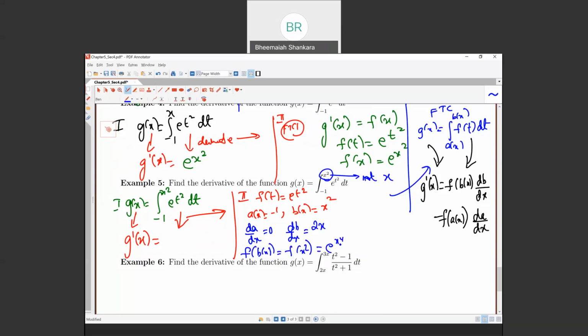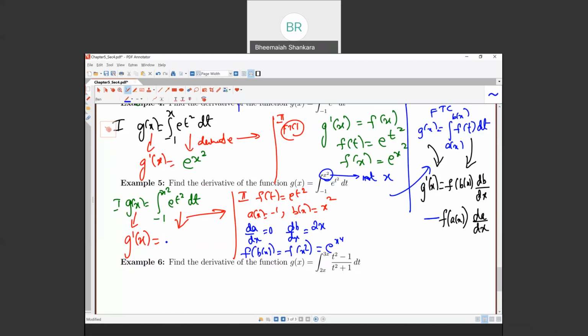Similarly, we would calculate the functional value at a of x, but if you carefully observe, it is multiplied with the derivative of a of x. You see the derivative of a of x is 0, so you don't have to calculate f of a of x. So plug all these back into the FTC formula.